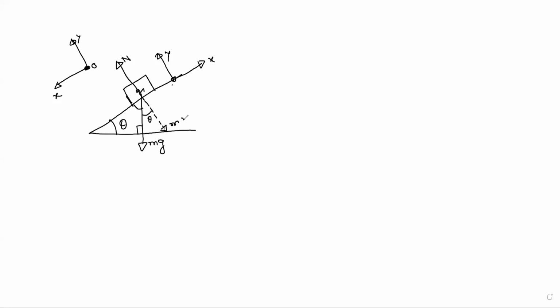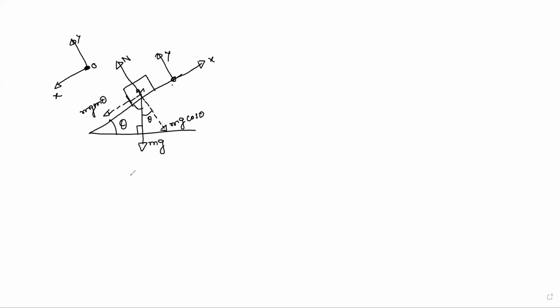This is mg cos theta, this is the normal part, and this is mg sin theta. Because force is a vector quantity, you can resolve it. If you have not understood this, you can see our foundation classes playlist for vectors, where we have explained the concept of vector resolution.